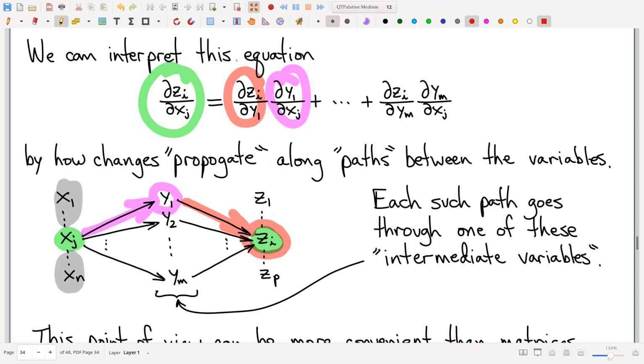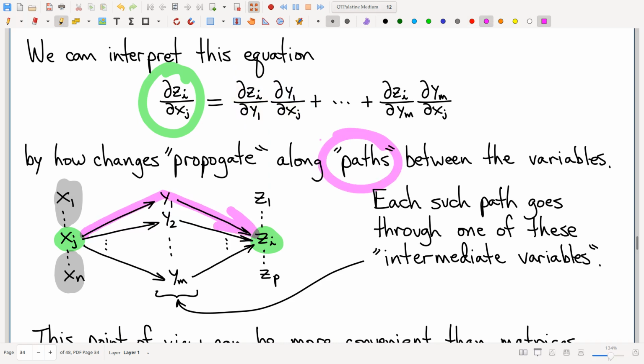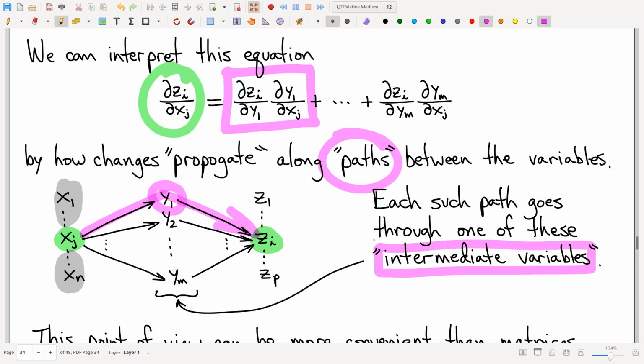Okay, so another way to say this then is that this path, right, creates this term. This path, by the way, corresponding to what you might call this intermediate variable, y1.